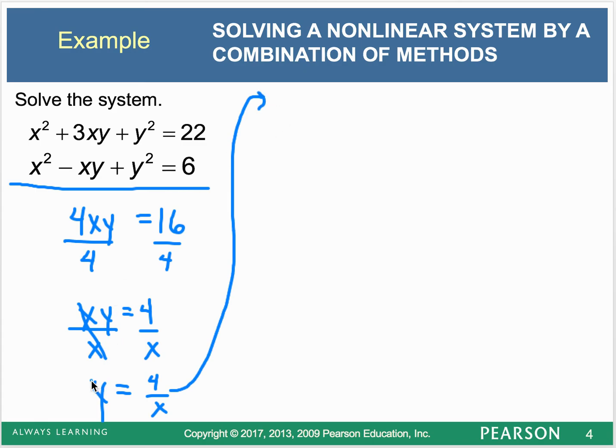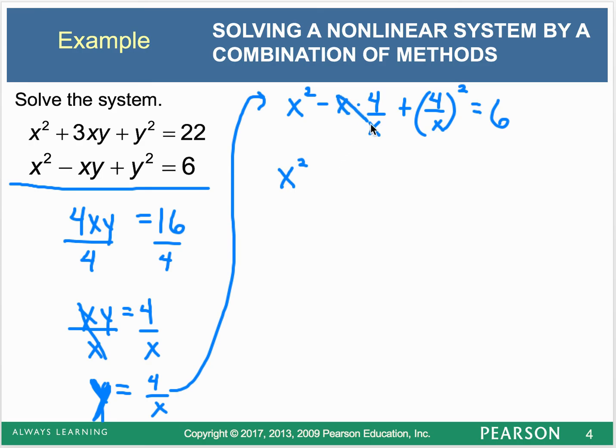Okay, this is y. It doesn't really look like a y, but there's y. Okay, so we have x squared minus x times 4 over x, right, plus 4 over x squared equals 6. Okay, so let's see what we have here. We have x squared.